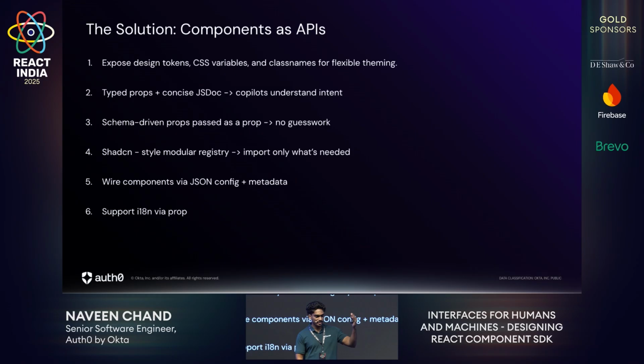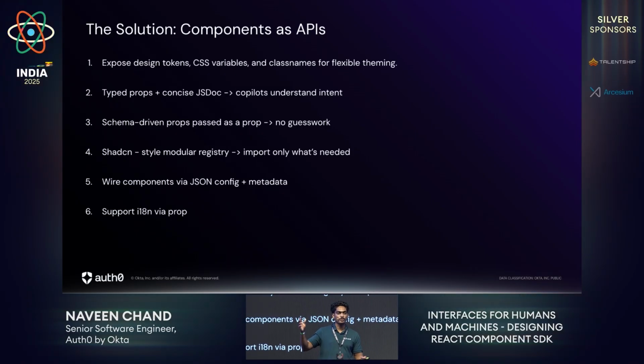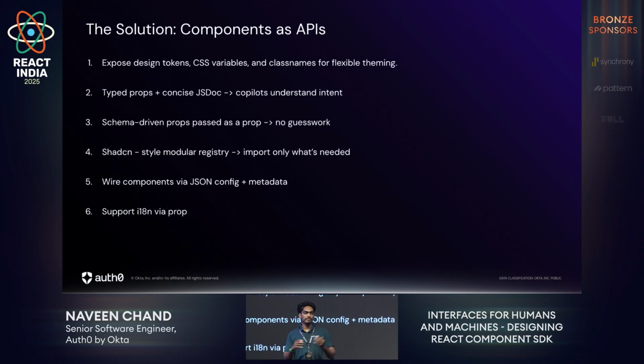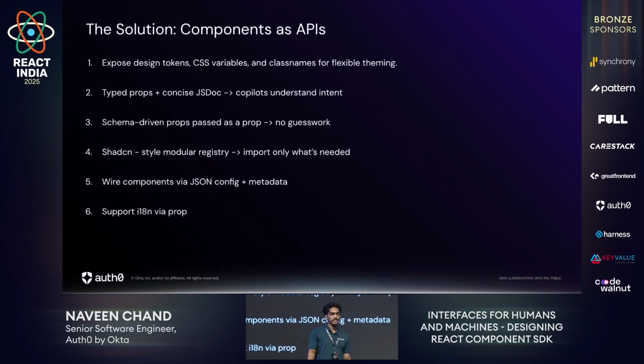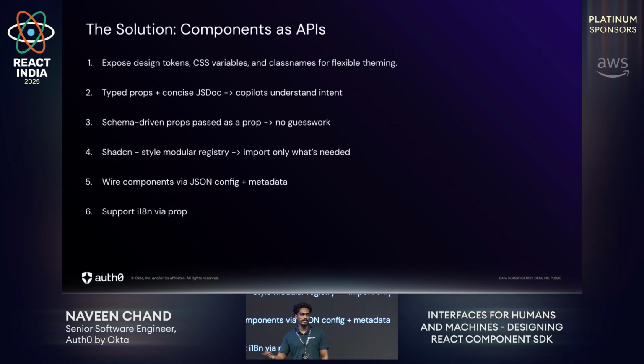Suppose there is a component which has different buttons, and also a different form, modal or alert. We can expose all those class names of each part so that the main component has everything exposed for the end users as well as copilots to understand, okay, these are the sub-component children within this component, and we can customize this particular component using the class name.